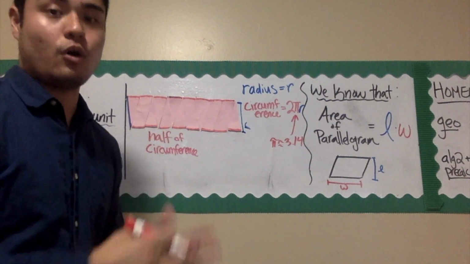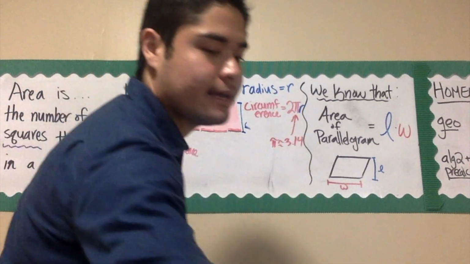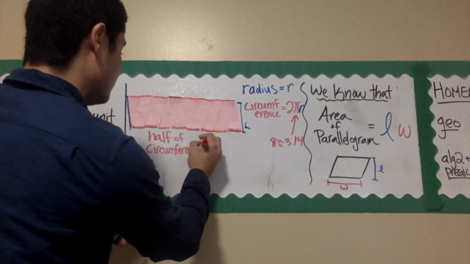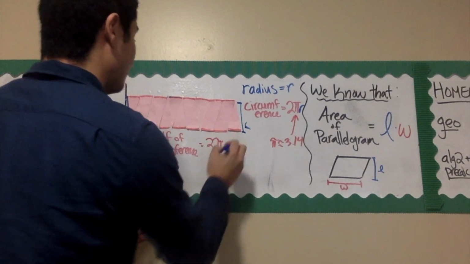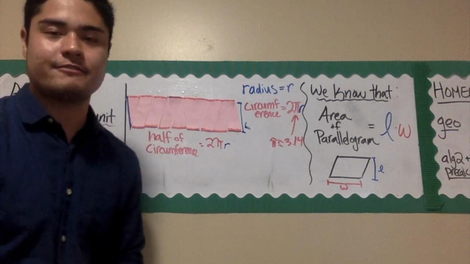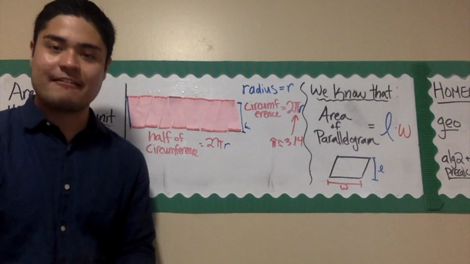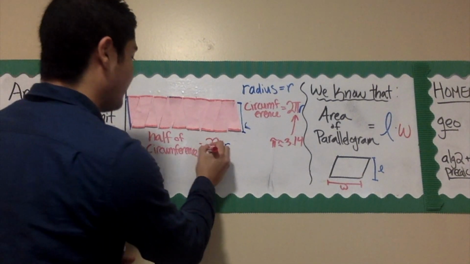The whole circumference we know is 2 times pi times r. I'm going to write that here. 2 times pi times r. But this is not the whole circumference. This is only half of the circumference. Since it's half of the circumference, I'm going to split it in half, or in other words, divide by 2.